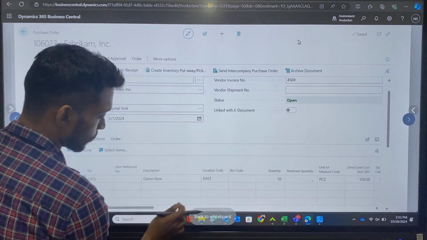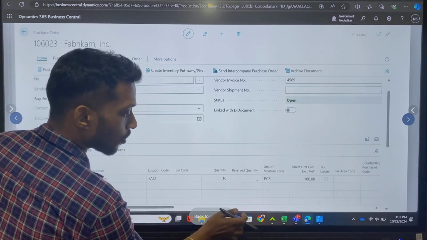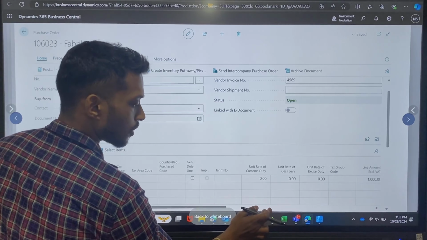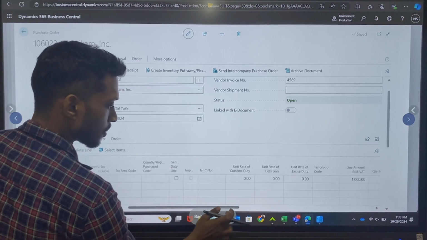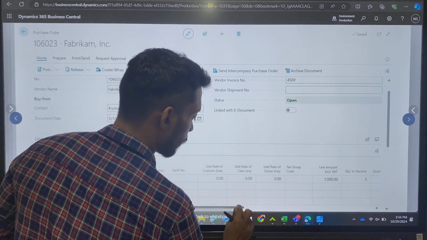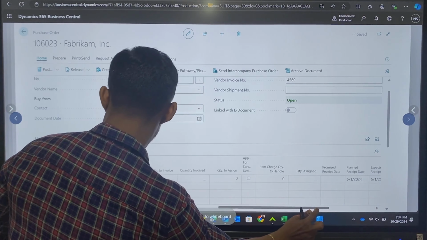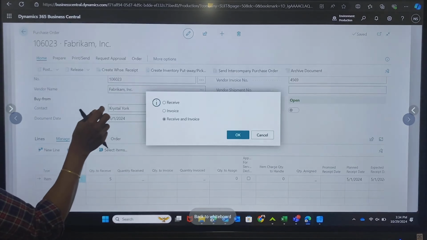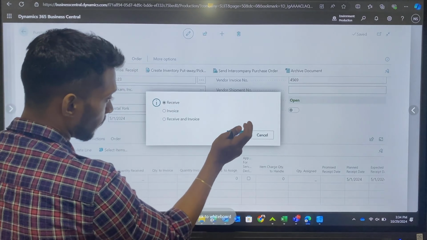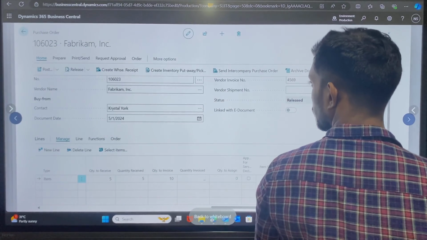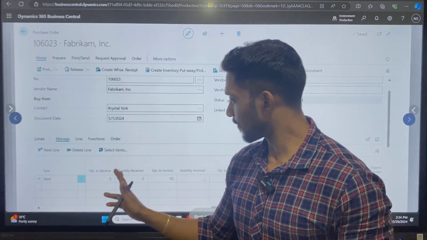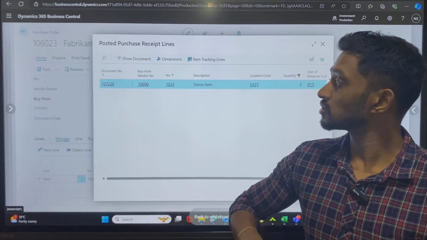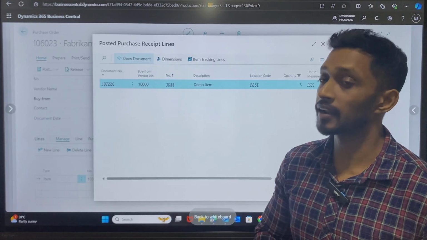I'm going to post the first of 5 items. Yes, first of 5 items. Post only receive. Now we have already received 5 quantity. Let's see whether the double entries are correct or not.